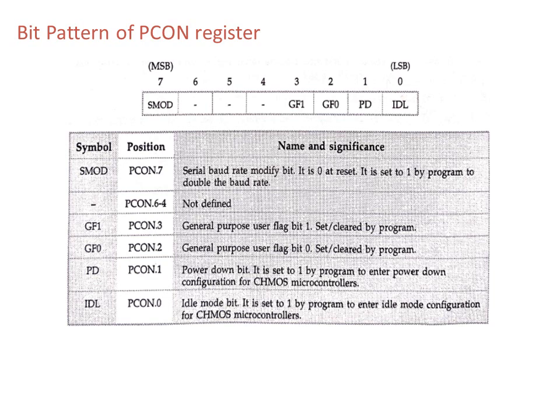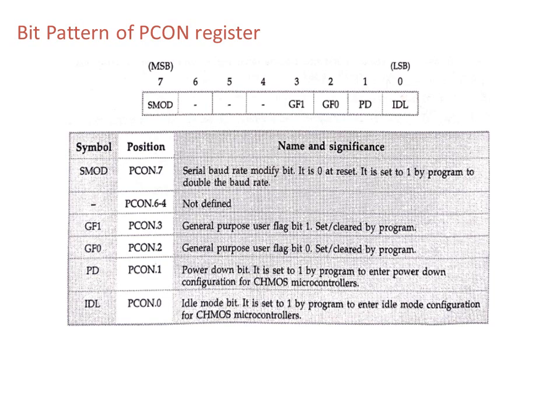The second bit is GF0, that is general purpose user flag bit 0, and the third bit is GF1, that is general purpose user flag bit 1. The fourth, fifth and sixth bits are not defined, and the seventh, that is the MSB, is SMOD, the serial baud rate modify bit.